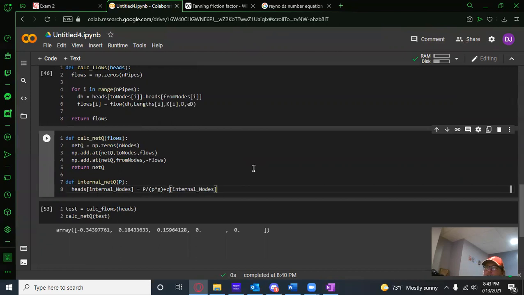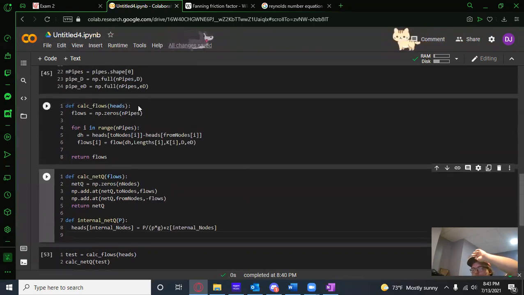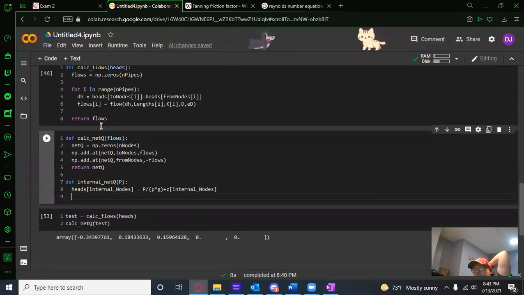That's going to update our head values. And then with that, we're going to calculate our flows again, and we'll be calculating net Q based off that.